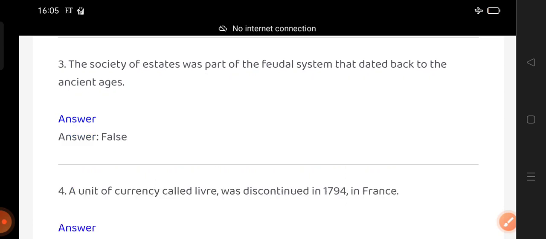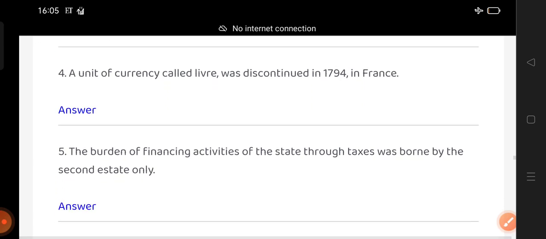Okay, disclose the answer. Then next, a unit of currency called livre was discontinued in 1794 in France. True or false? May I disclose? If you have already remembered, then let me disclose.